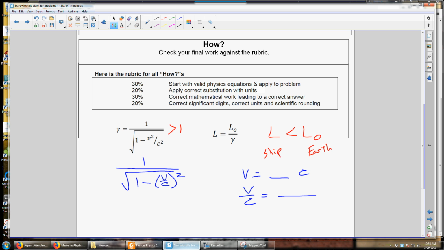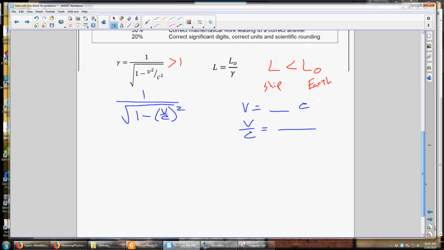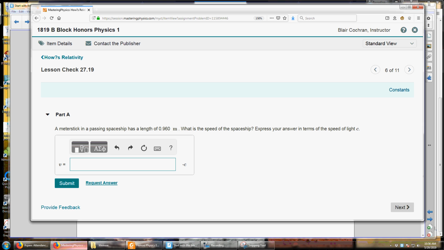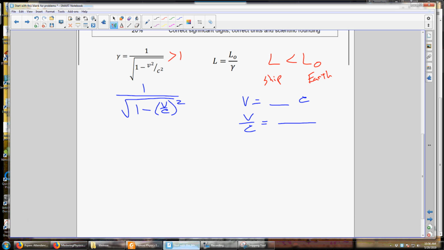Okay? So in this one, think about it as you're looking for V over C. You know that L from the ship... So they give us that, right? 0.960 for me. And from the Earth, oh, wait a minute.